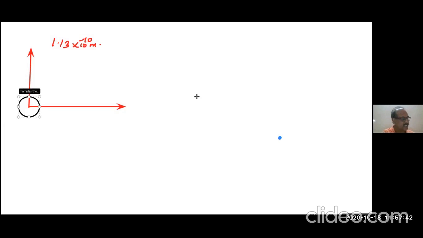Locate the center of mass of the molecule relative to the carbon atom.